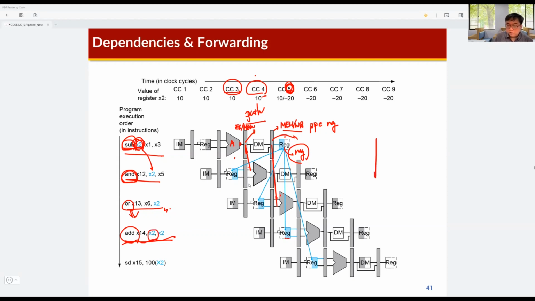So in the register file, for the RS1, the register number is 2, and for the RD, also the number is 2, and the new data, that is the result of sub, is being written back to the register file. So what is this case?